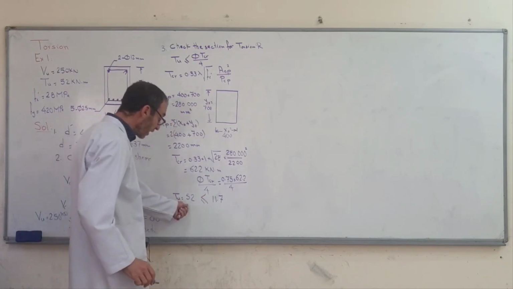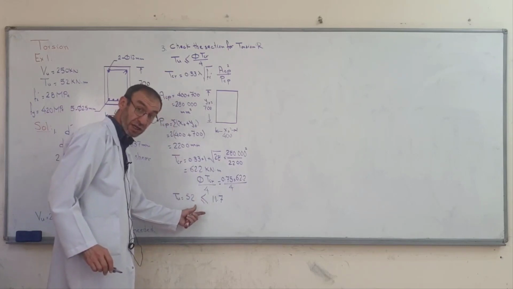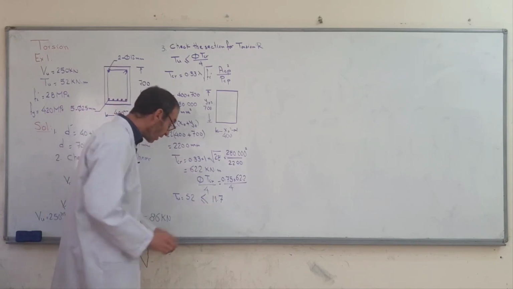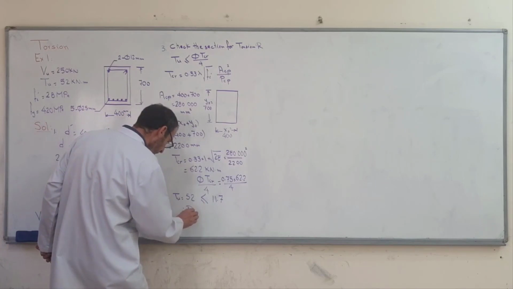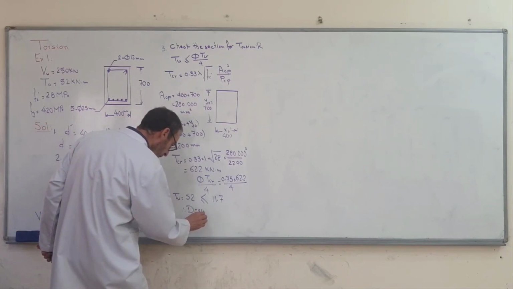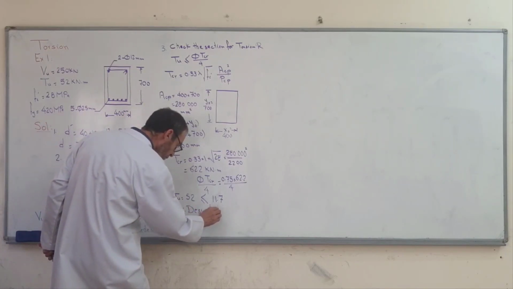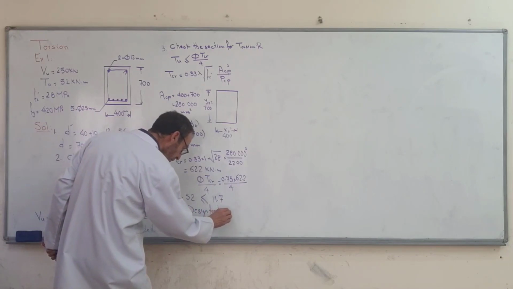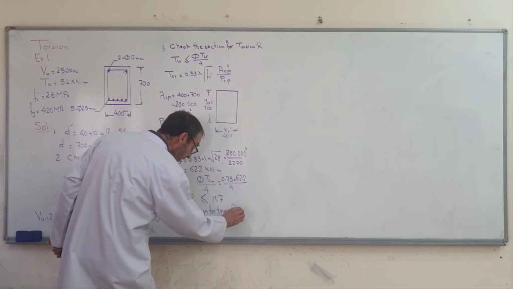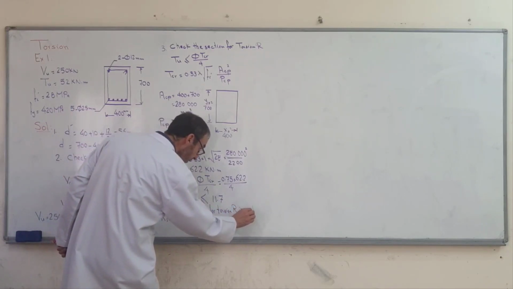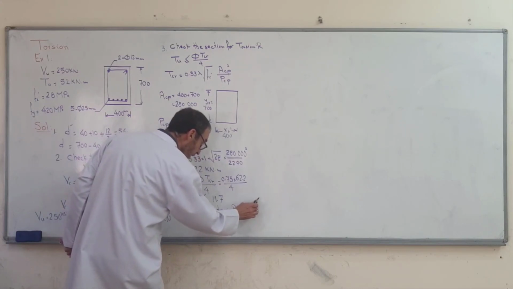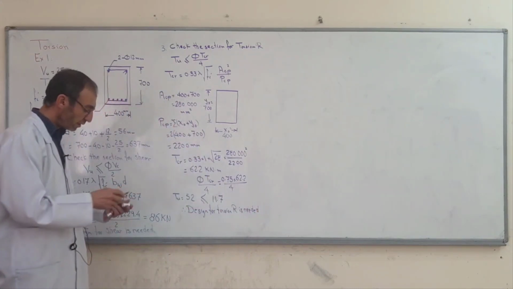If it is less than this, it's not required to design for torsion. This is more than this, so design for torsion reinforcement is needed.